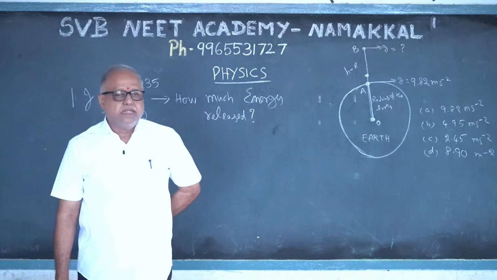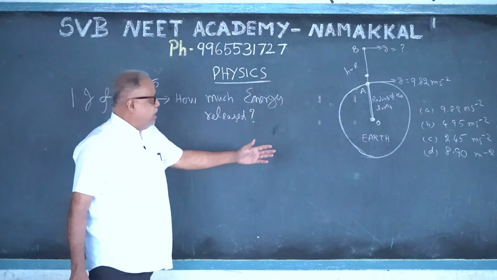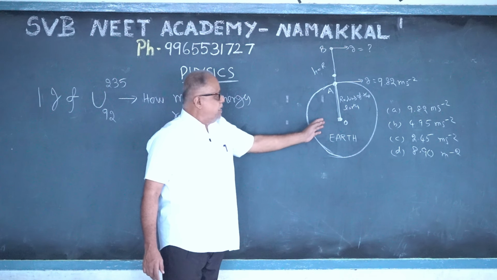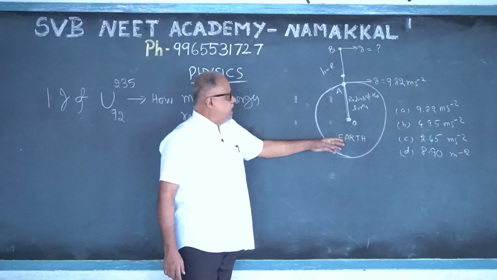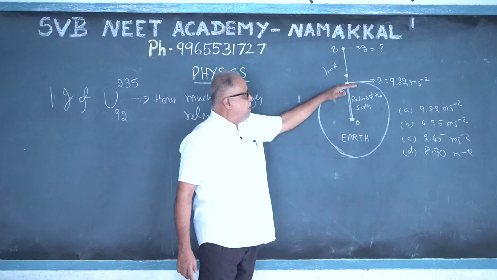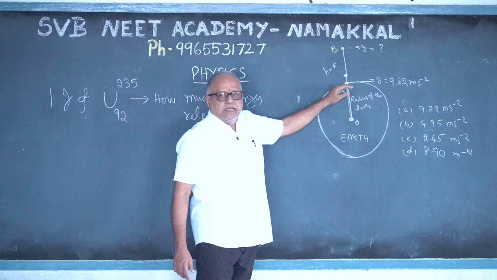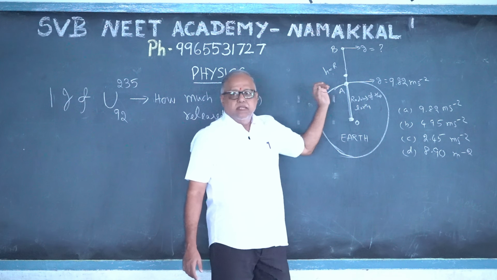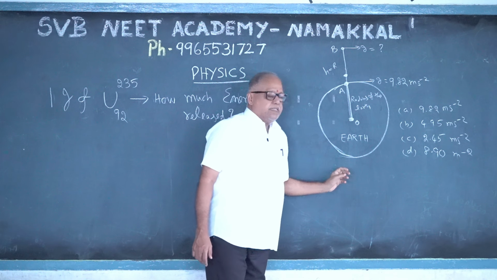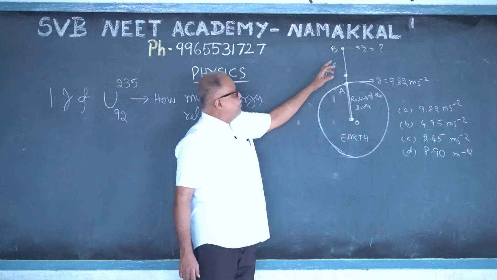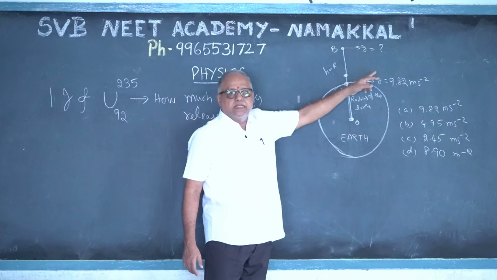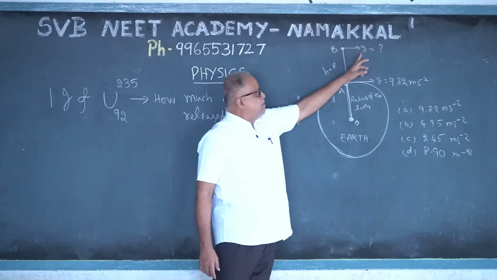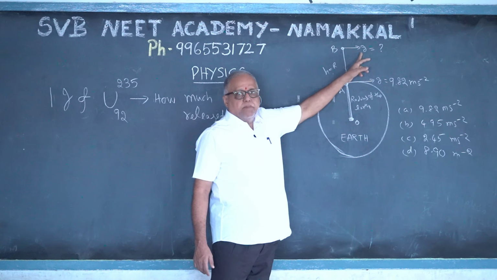Just listen. This is a topic I am going to take over here. The gravitation chapter we have studied, and the radius of the earth. We are living happily on the surface of the earth, and the g value is 9.82 meter per second square. Nowadays we are sending so many satellites. At point B, one satellite is revolving around the earth, and I am asking the question: what is the value of g at that point B?